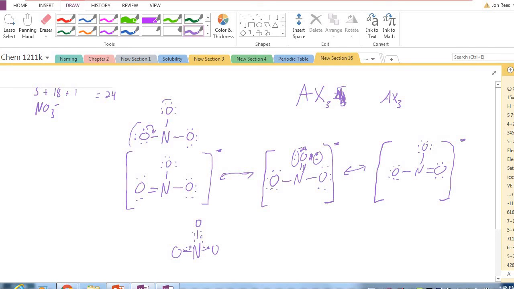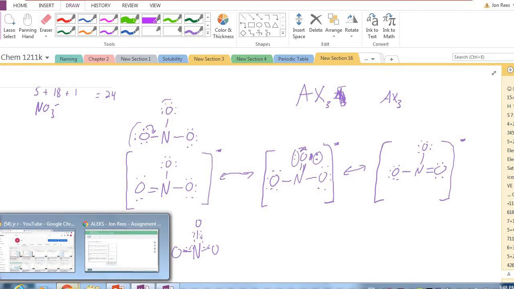There is going to be no deviation in our bond angles that we would expect. There's no lone pairs pushing them down. There's no double bonds that are creating a disproportionality within this particular molecule, and so we wouldn't expect our bond angles to change very much at all from the ideal bond angles.